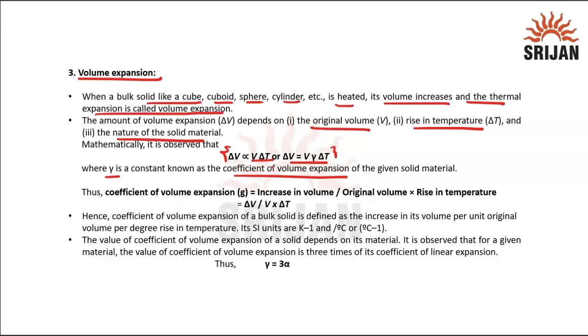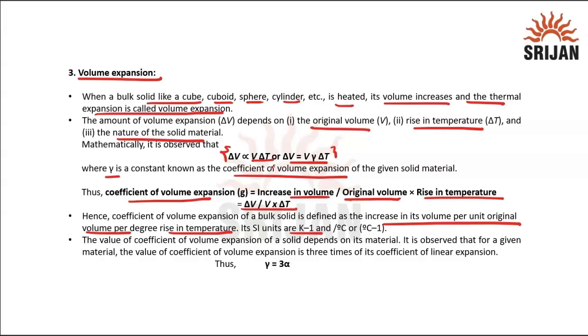The formula is: the coefficient of volume expansion equals the increase in volume divided by the original volume times the rise in temperature, delta V divided by V times delta T. You define it as the increase in volume per original volume per degree rise in temperature. Its SI unit is also K raised to the power minus 1, or per degree Celsius.